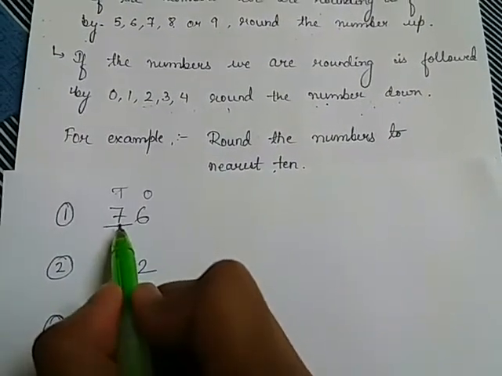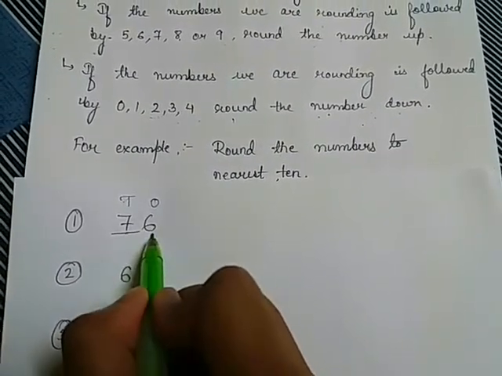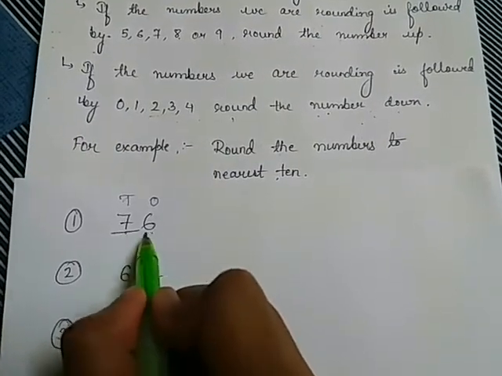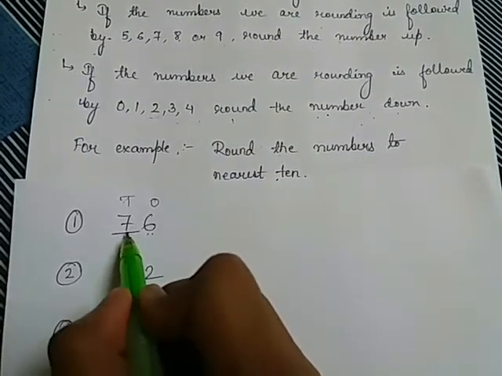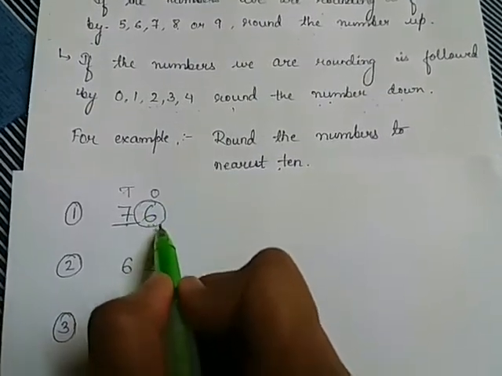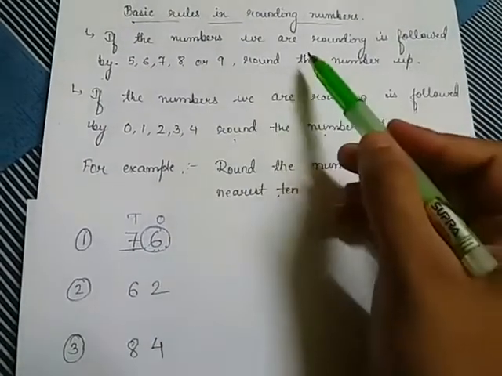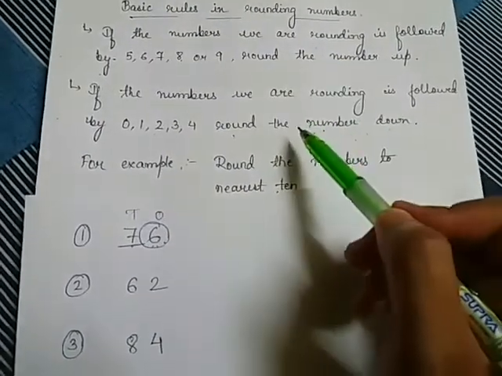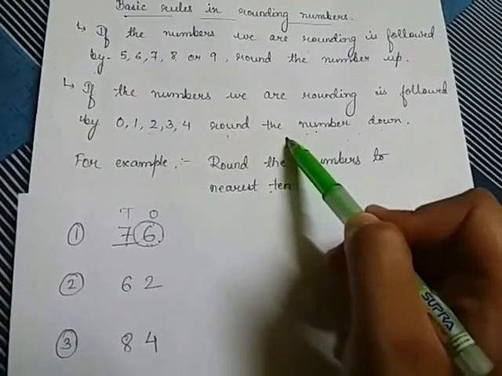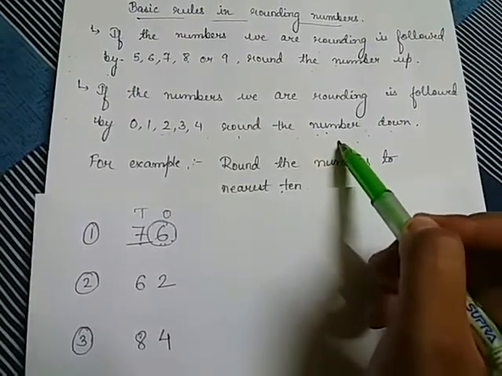In order to round this digit, we have to see the digit that comes right after this one. Here we can see the digit that comes right after 7 is 6. Now we have to see whether this 6 falls under this category or that category, and accordingly we will round the number up or down.